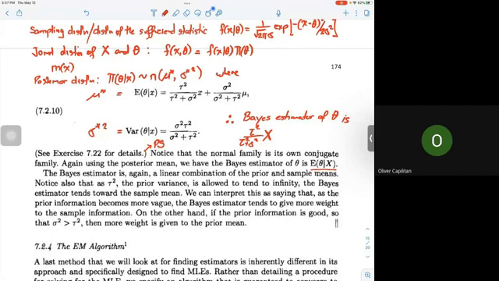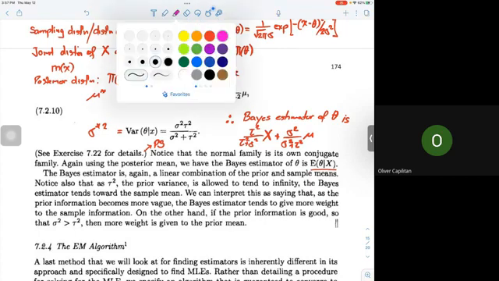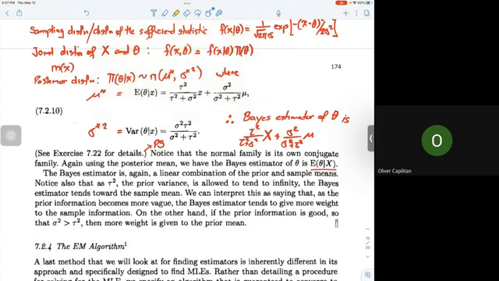It's a realized value of our estimator, plus sigma square over sigma square plus tau square. Kaya nga ito, pinalitan siya ng capital X. Palitan mo itong small x yan by capital X. That's the base estimator.